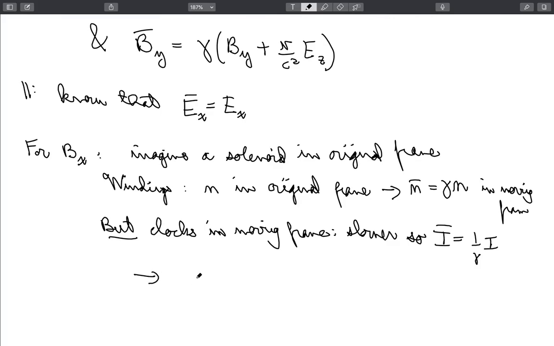Now that means that the product is unchanged. So the magnetic field is also unchanged, longitudinal to the motion.